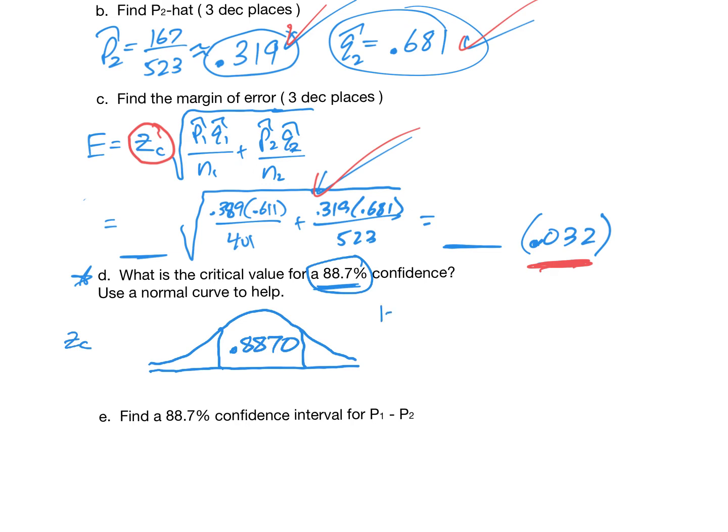You're going to take 1 minus 0.8870, and whatever that answer is, divide by 2. That will yield 0.0565. That means this piece over here is 0.0565, and this is 0.0565. If you add those 3 numbers together, it'll become 1.